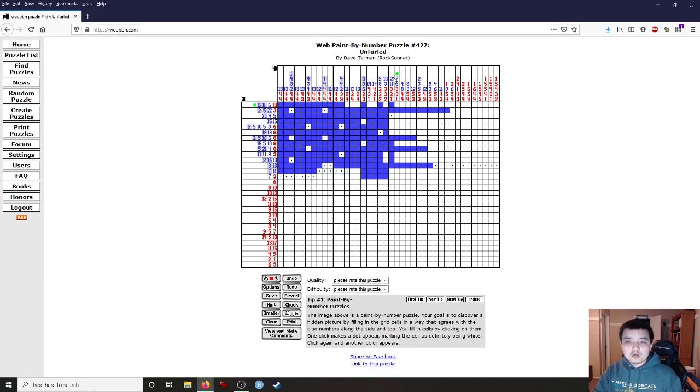For this 11 here, there are 11 blue cells, but it cannot go below this 7 in the bottom left. So I know that these. Actually, that is exactly 11.